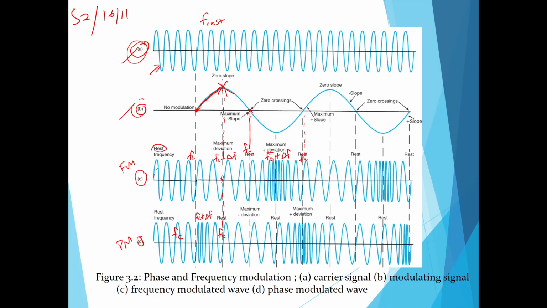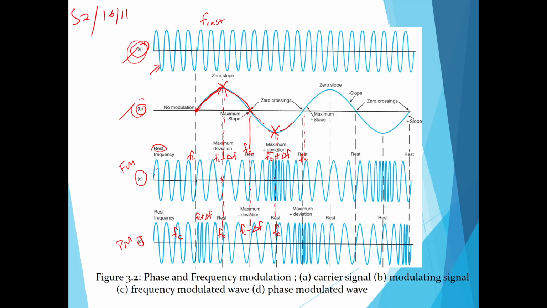And when the modulating signal goes through the zero crossing, this time from the positive towards the negative cycle, the output will be at maximum negative deviation, meaning the carrier frequency would be at minimum, which is Fc minus delta F. If it goes down, it's going to be Fc minus delta F. And the wave moves towards the negative peak amplitude, so the carrier would be at rest, which is Fc.